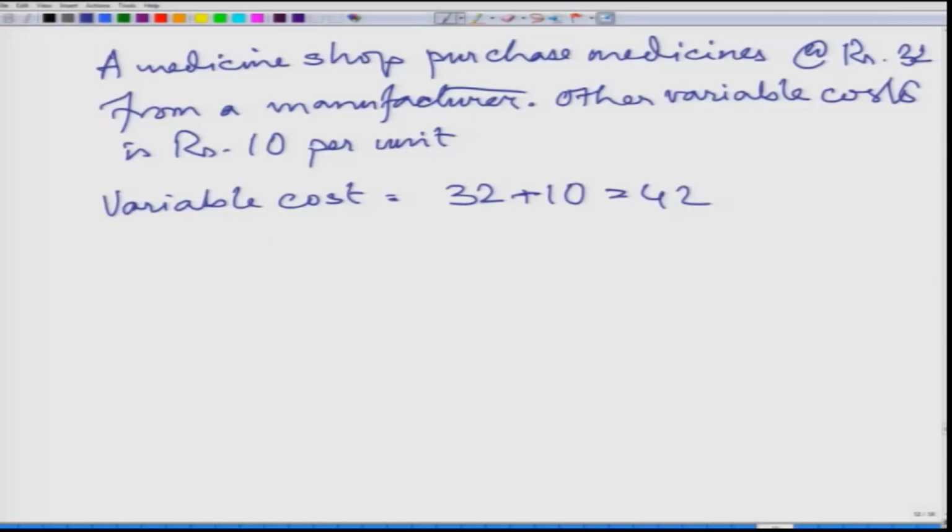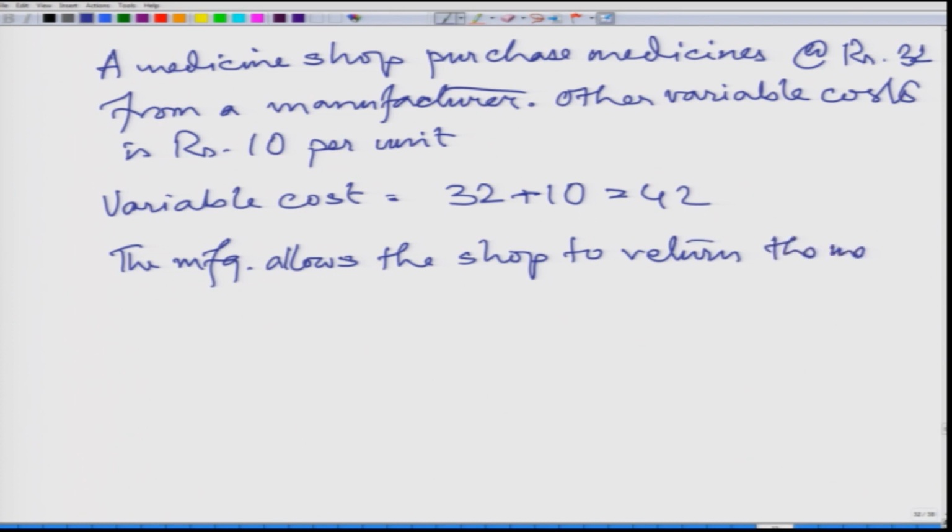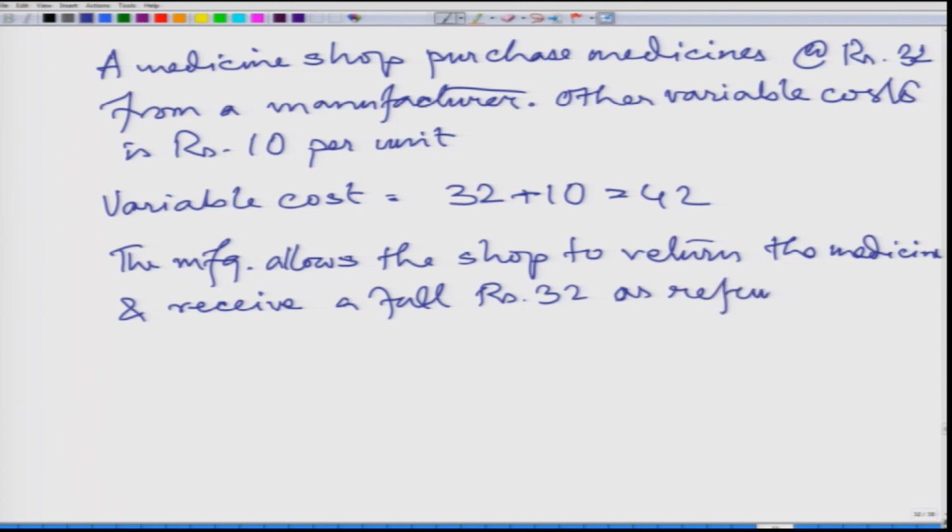And the manufacturer allows the shop to return the medicines and receive a full rupees 32 refund within 1 year.